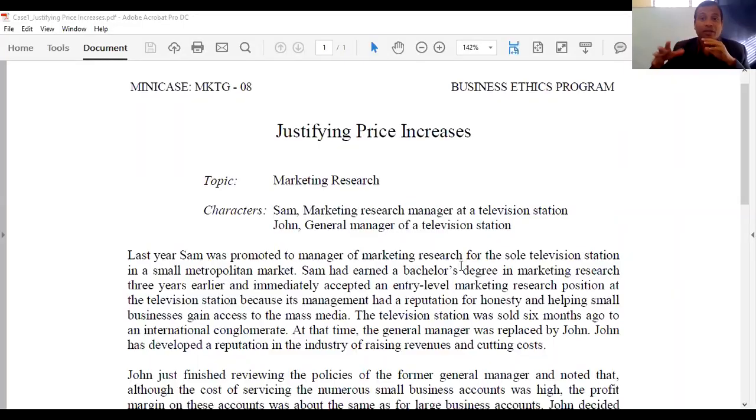Did you go through this case, justifying price increases? I'm assuming that everybody has gone through this, but I'm giving you 2 to 3 minutes. For those who have not gone through it, please go through once quickly, and those who have already gone through it, please try to see it from a different lens.